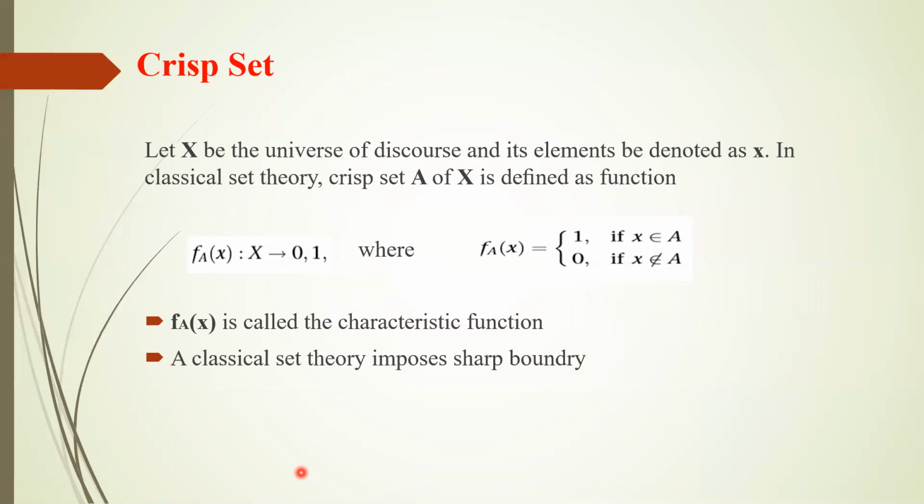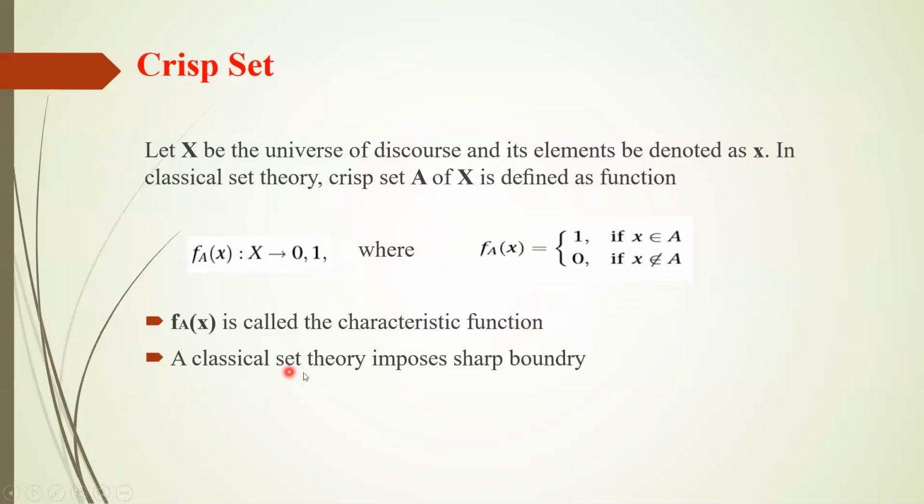Let X be the universe of discourse and its elements be denoted as x. In a classical set theory, an element x in X may belong or not belong to a set A. The crisp set A of X is defined as the characteristic function of A. So x may belong to the set A or not, and f_A(x) is called the characteristic function.